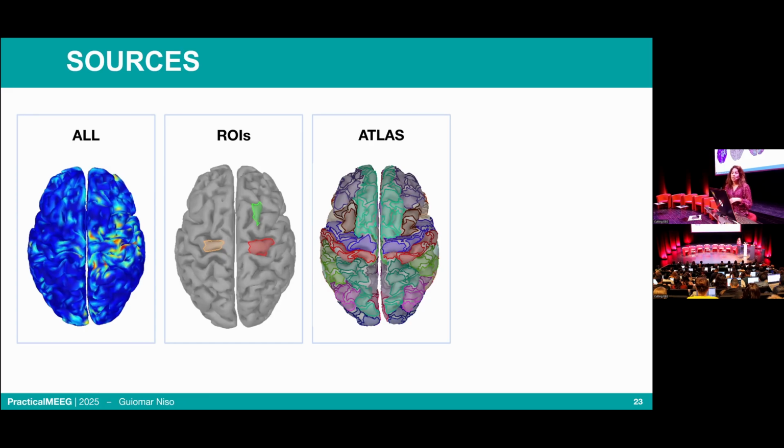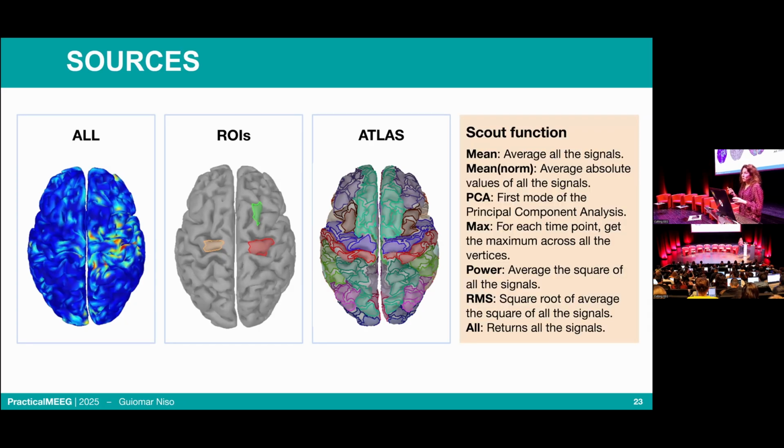And depending on which option you choose, the scout function you will need to apply could vary. You can use the mean inside each of the parcels or scouts. You have many time series, so you can do the mean. Be careful when you do the mean because of this thing that we said.